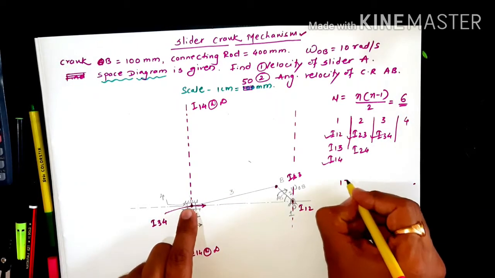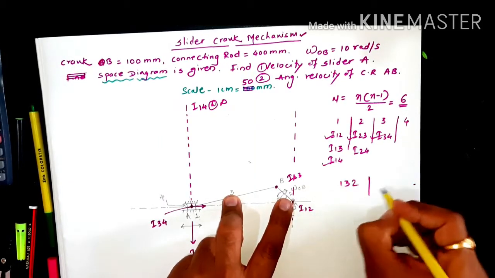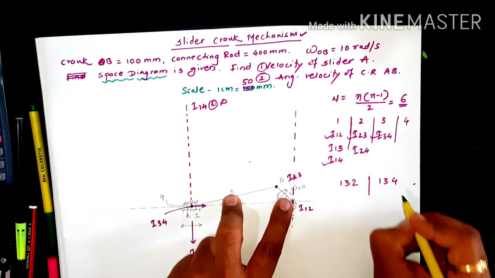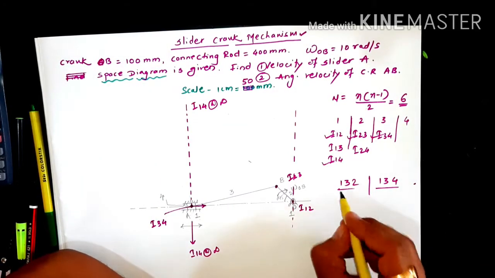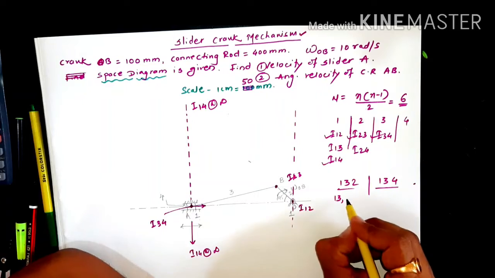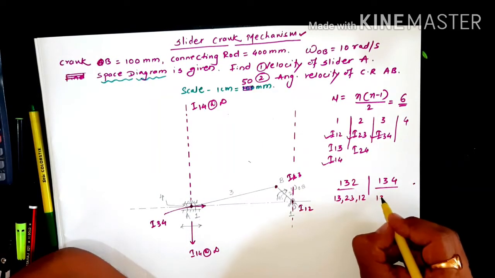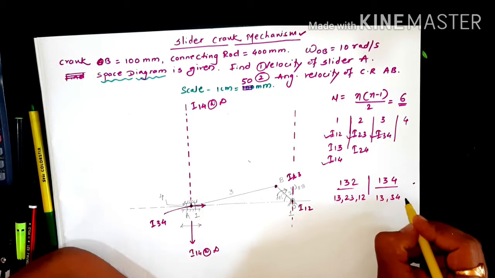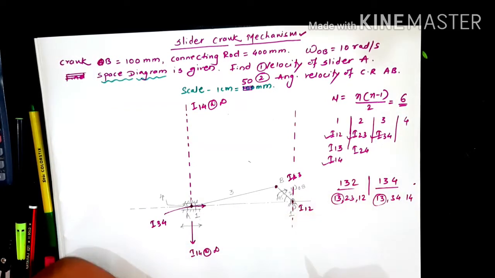So 1 3 2 and 1 3 4: 3 links, 3 I centers. 1 3, 2 3 and 1 2. Same way, 1 3, 3 4 and 1 4. So 1 3 is common. That is what we have to locate.